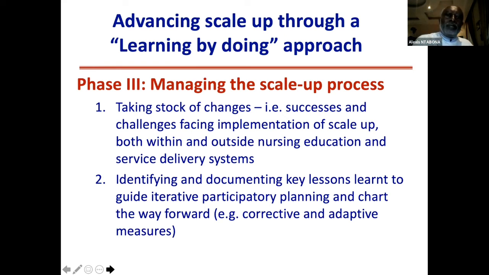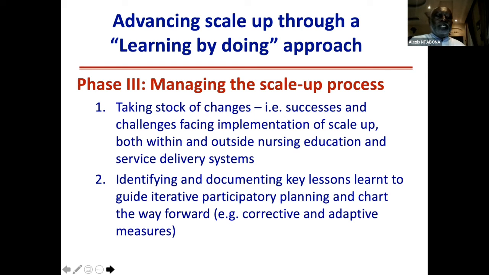First, to make sure that every change that is happening, whether it is a success or a challenge, which is facing the implementation of the scaling up phase, both within and outside nursing education and service delivery systems, needs to be known and documented.